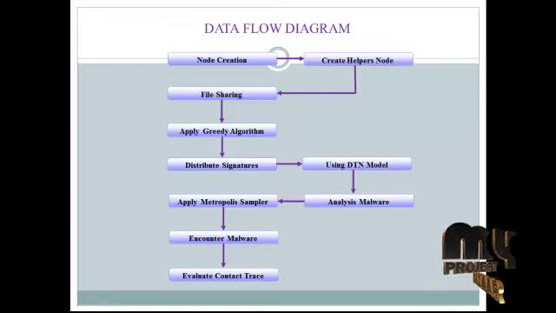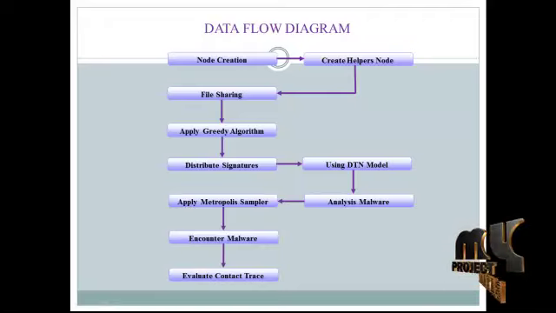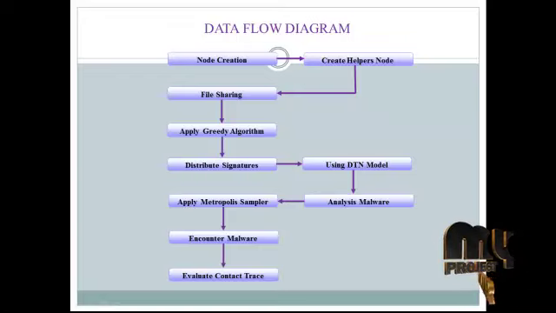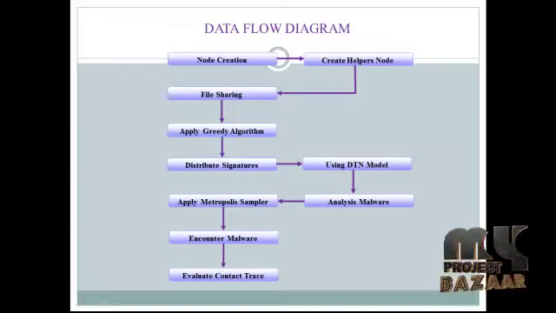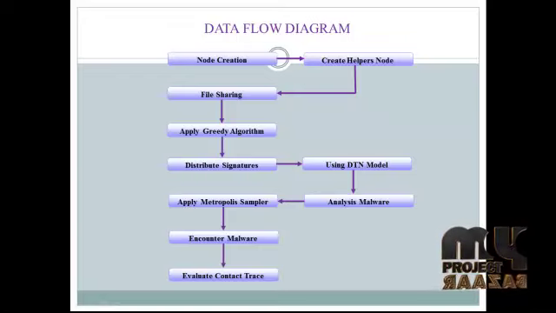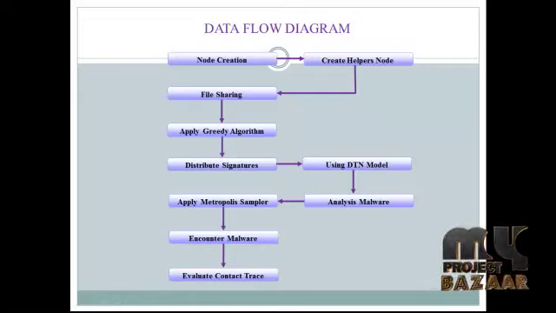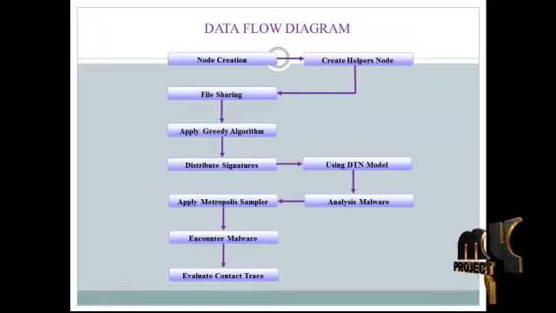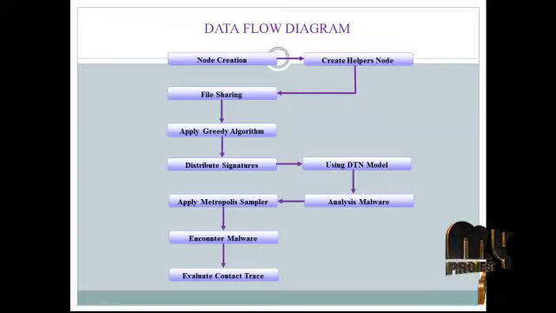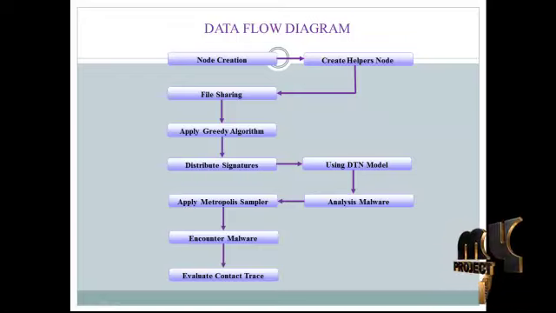Then it analyzes malware using the distributed signatures and applies the Metropolis sampler, which means a combination with each other. Then it finds the malware and encounters it. Then we evaluate the contact trace, which is a performance evaluation between the existing and proposed system in encountering malware according to the proposed algorithms and techniques handled in the proposed work.